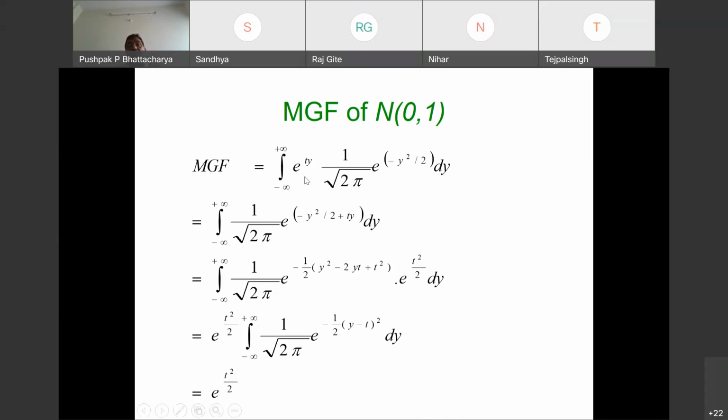So let us remember this point again and again, that we have to take the random variable, multiply it by t, the controlling parameter, raise it to the power of e, multiply by the probability density function in case of continuous distribution, and dy, and integration going from minus infinity to plus infinity. So we were able to show that the moment generating function of standard normal distribution is e to the power t squared by 2.